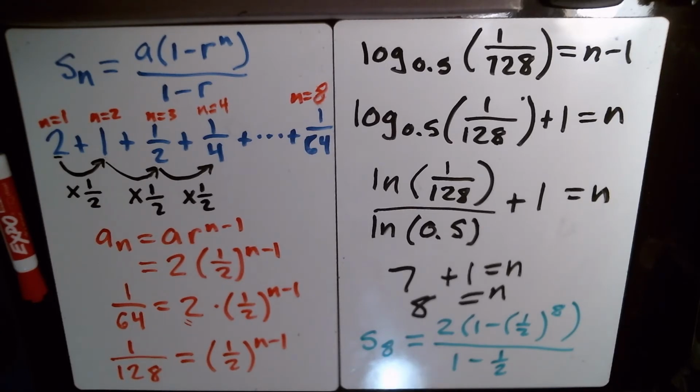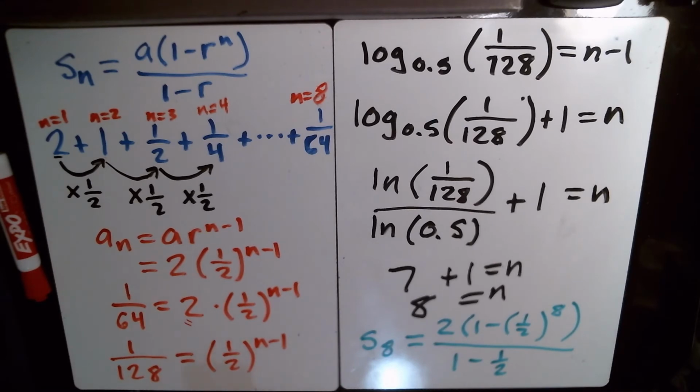So again, we've got something we could throw in the calculator. I have a feeling this is going to be kind of nasty. What is 2 to the 8th power? That's going to be big. 256.